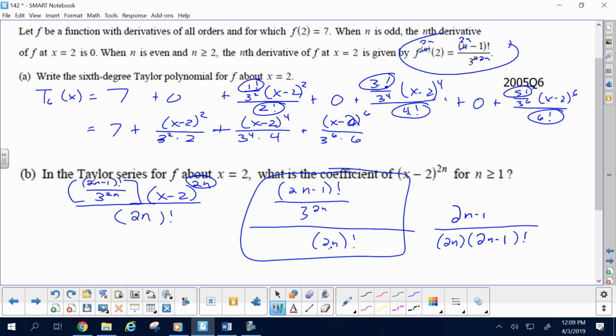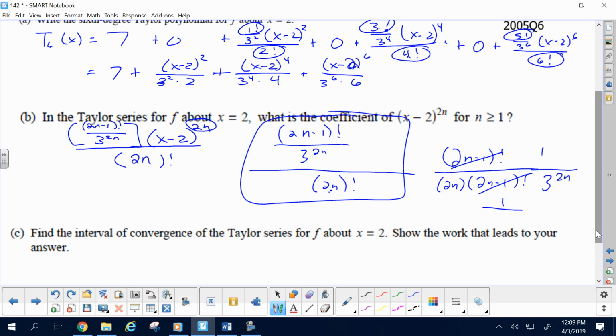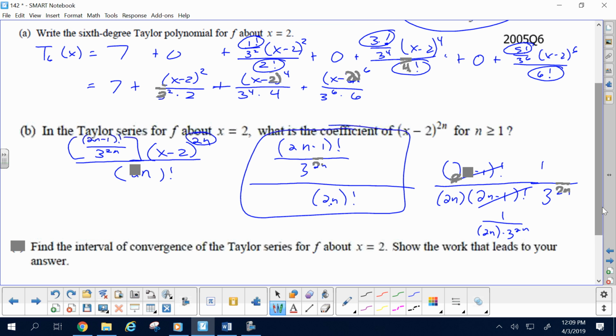That will drop out, which matches what happened up there with numbers. And then 3 to the 2n is still there. You could keep it up in the complex fraction or put it in the denominator. But the cleanest possible answer, I think, would be 1 over 2n times 3 to the 2n. Now, I assume that's what you got when you worked off of your pattern?